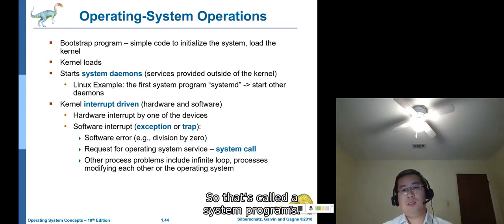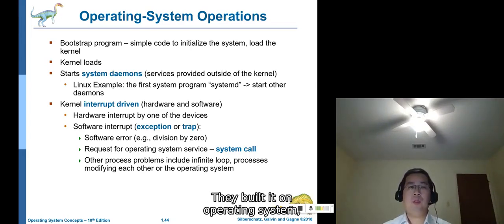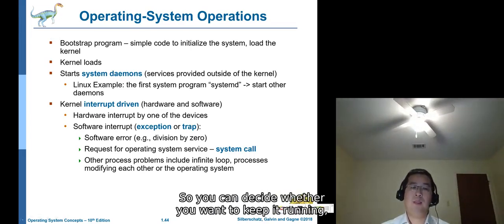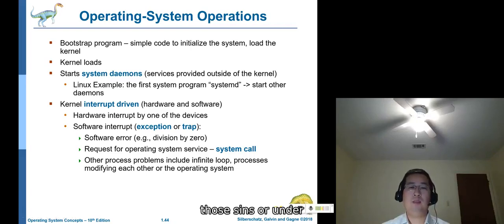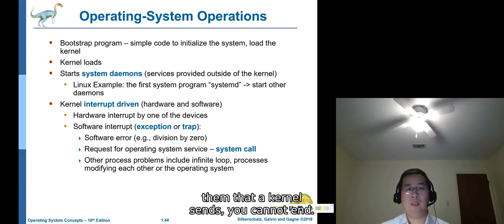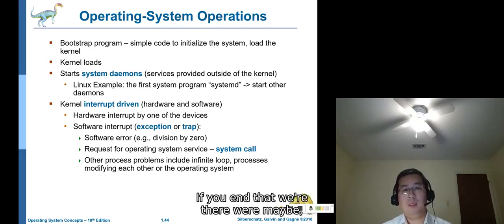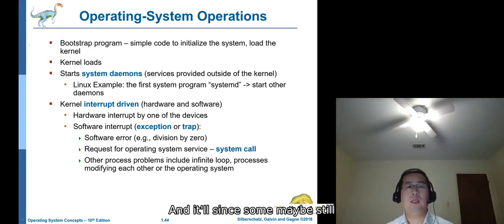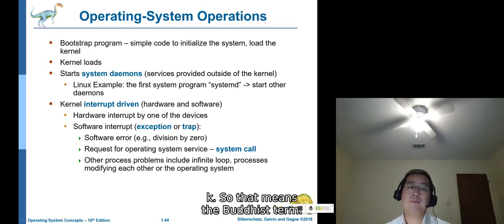So that's called system programs. They are built on the operating system, but a lot are optional. So you can decide whether you want to keep those running or end them. But kernel things you cannot end. If you end them, some services maybe will not be available. Some may still be okay.